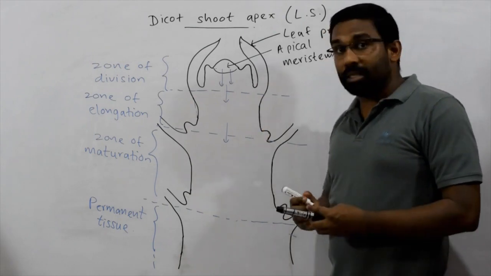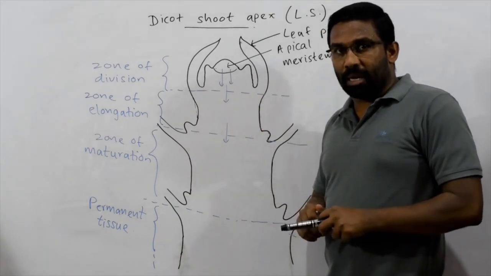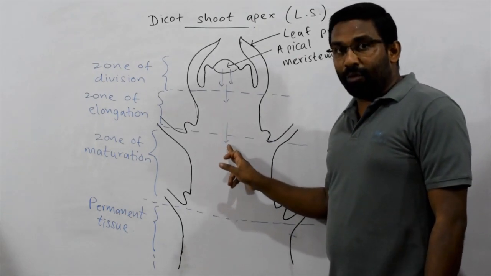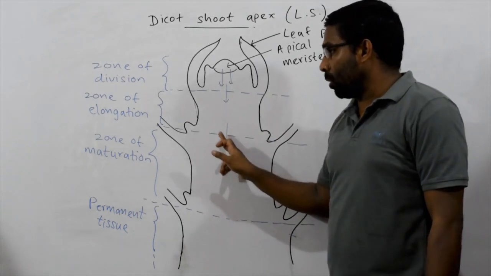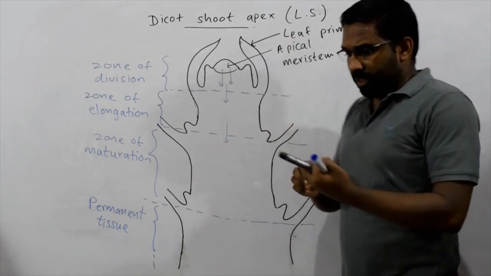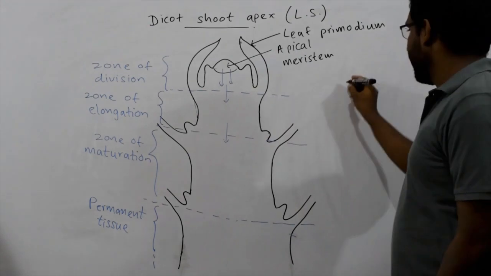As we discussed in the root apex, at the beginning of differentiation, or at the beginning of the zone of maturation, three primitive tissue regions are differentiated.